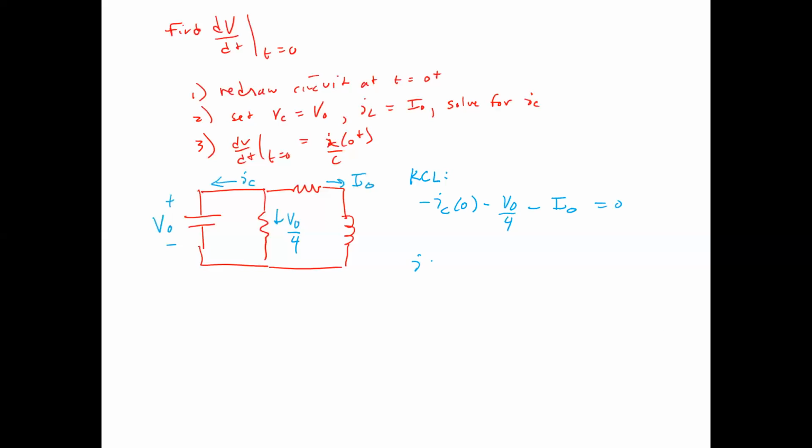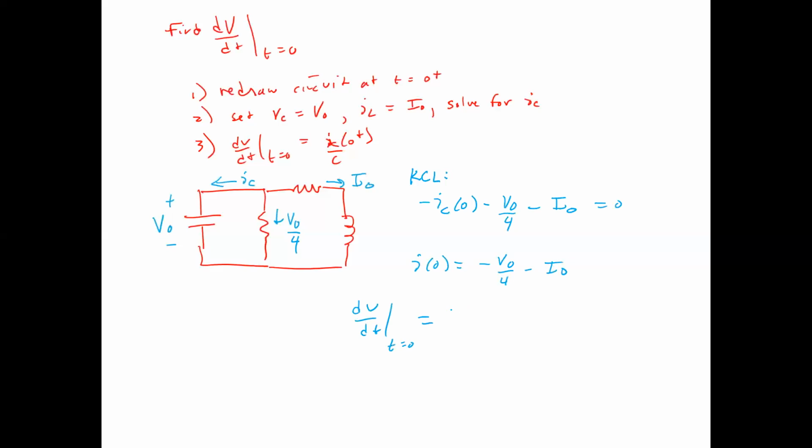So IC of 0 equals minus V0 over 4 minus I0, and dV/dt at t equals 0 is going to equal that divided by 1/2.